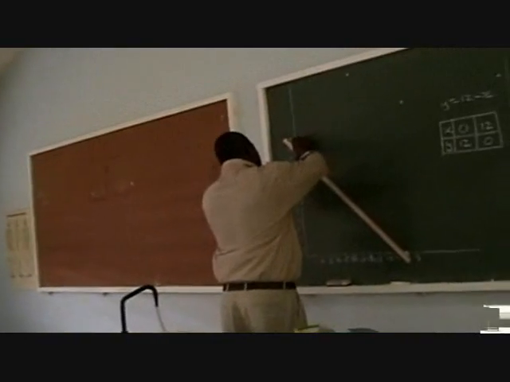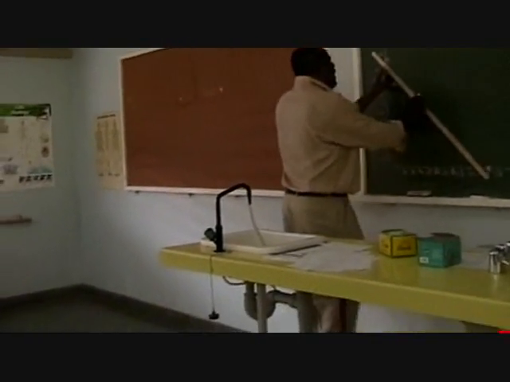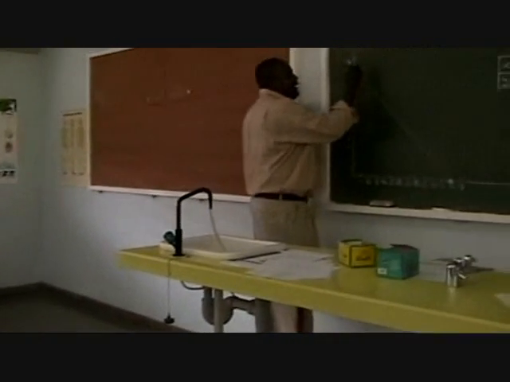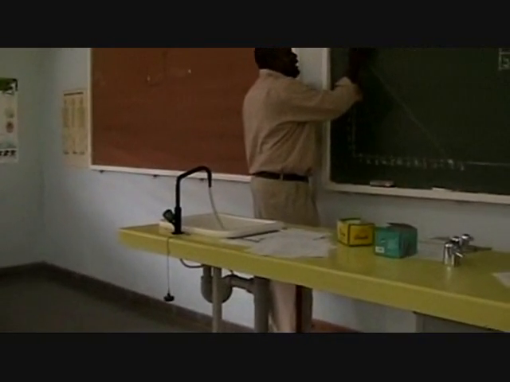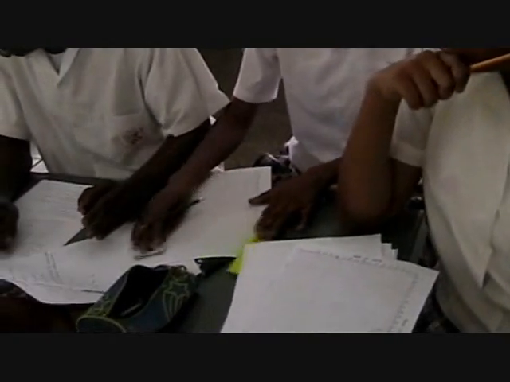(0, 12) is here, and (12, 0) is here. So you are going to plot these 2 points. Watch me. After plotting the 2 points, you are going to draw the line connecting them, and you are going to label your line x plus y is equal to 12.